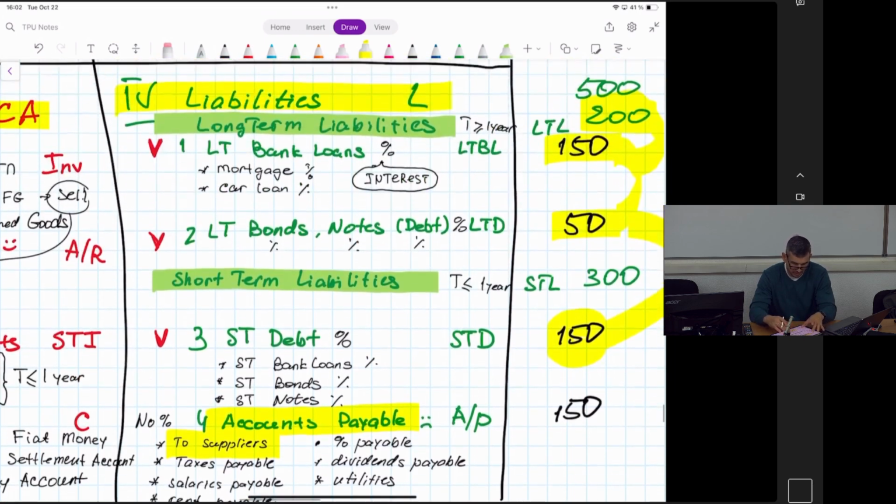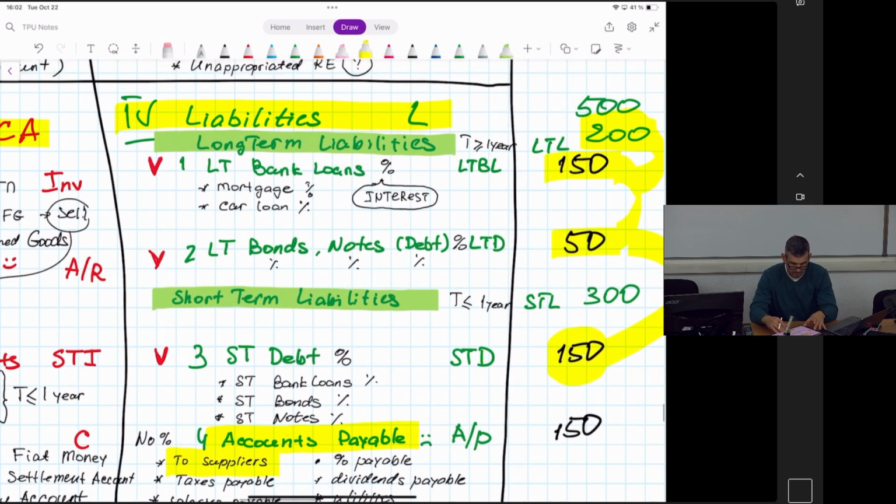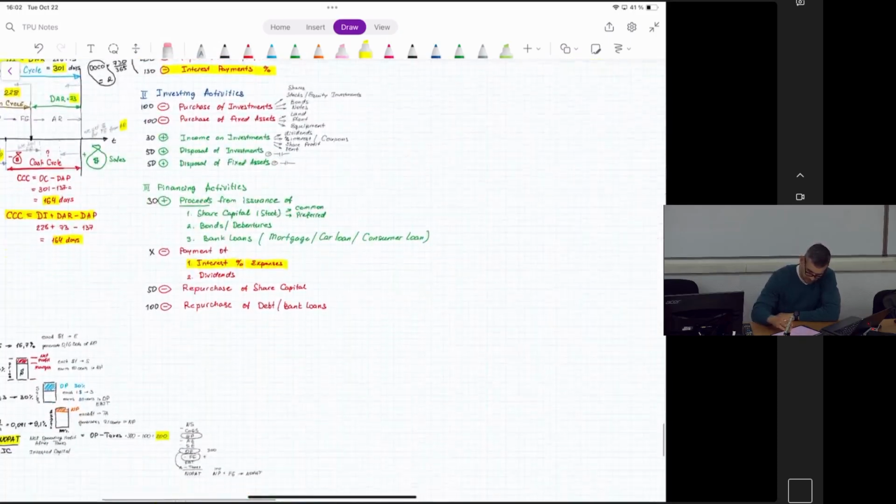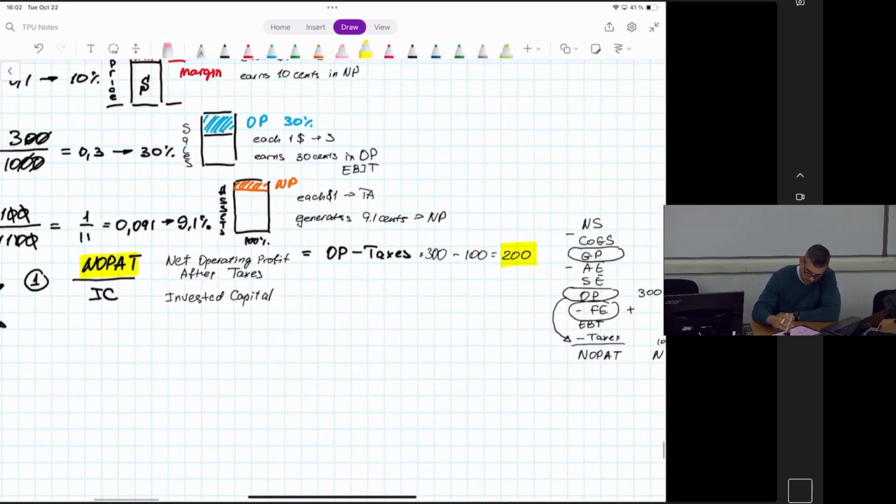But the part above it is the invested section. So we say that we will use the following formula for invested capital. It is our equity plus debt. Okay?